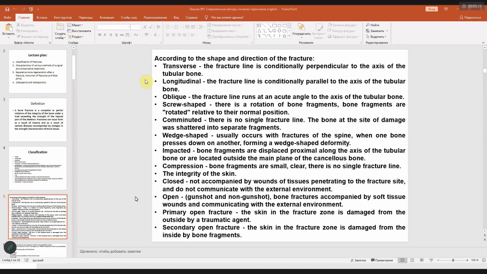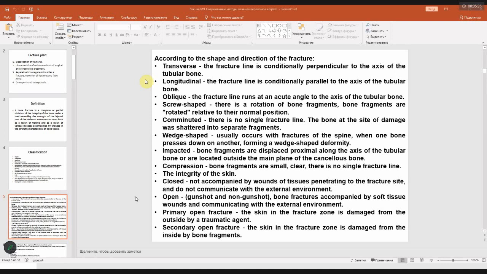By the integrity of the skin: closed, not accompanied by a wound of tissue penetrating to the fracture site, and not communicating with the external environment.